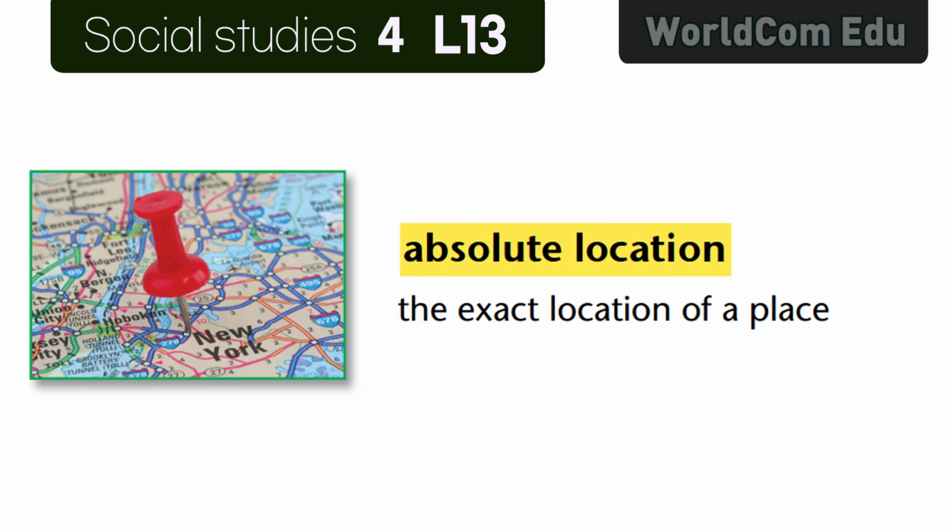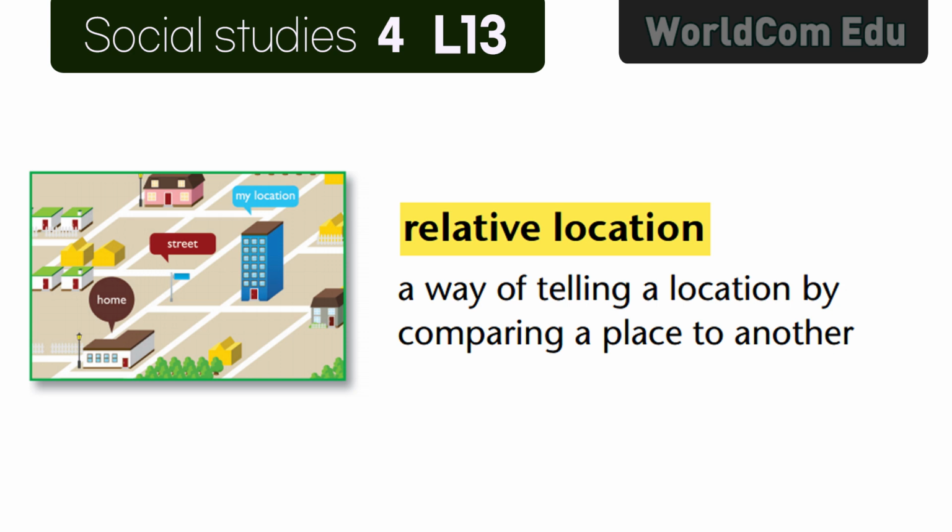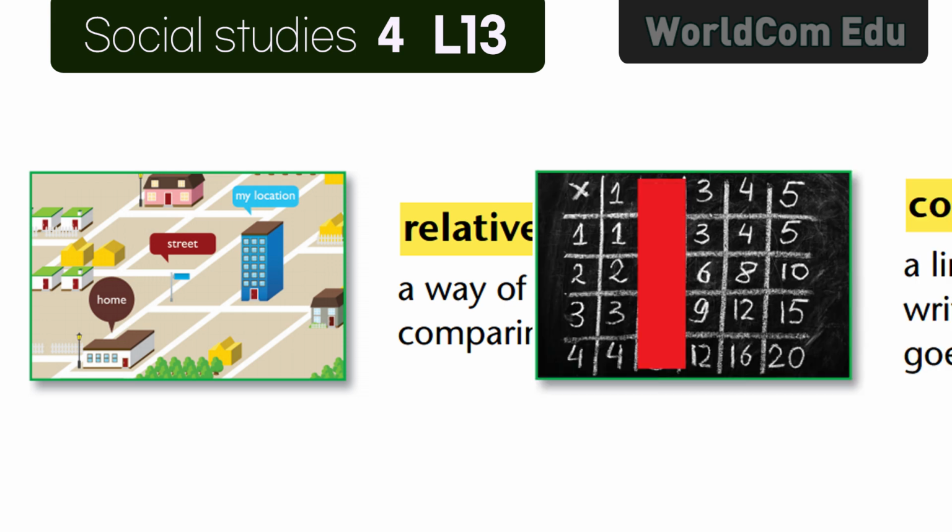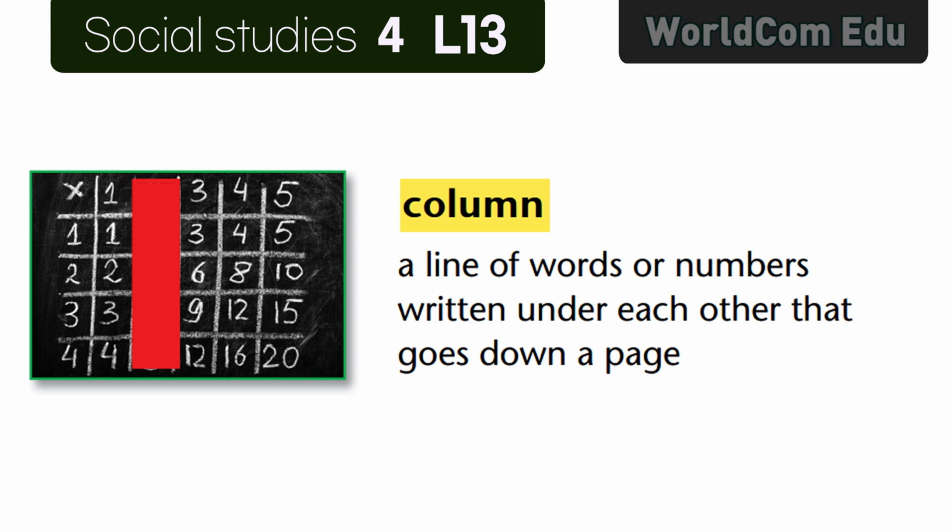Lesson 13. Maps and Locations. Absolute location. The exact location of a place. Relative location. A way of telling a location by comparing a place to another. Column.